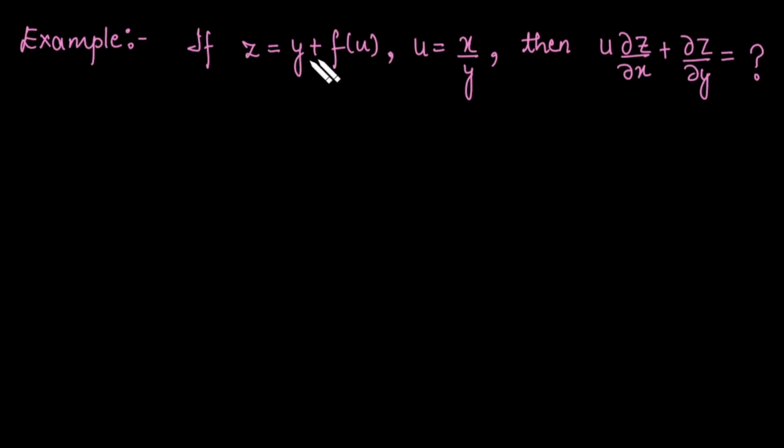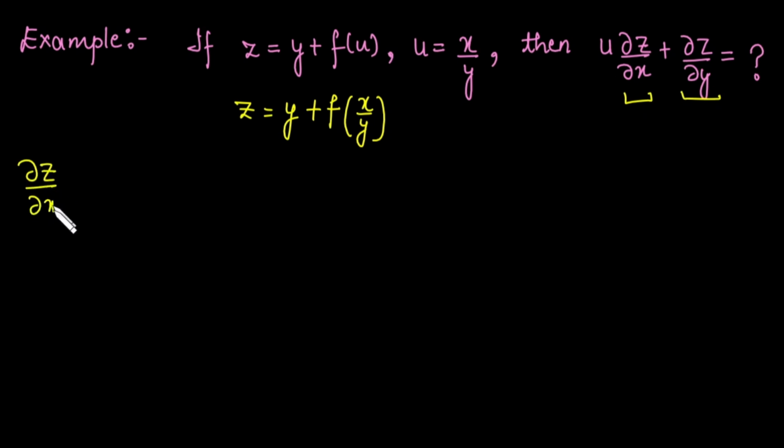In this case, we can simplify this. Rather than taking a function of u and v with respect to x and y, we will take a function of u, and in place of u we can write x by y. Now ultimately this function depends upon two variables x and y, and as per the requirement we need the partial derivative of z with respect to x and with respect to y. So first evaluate the partial derivative of z with respect to x.